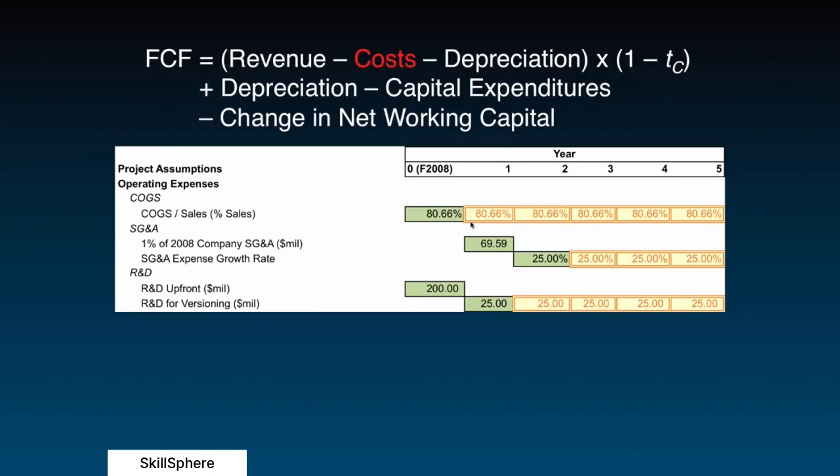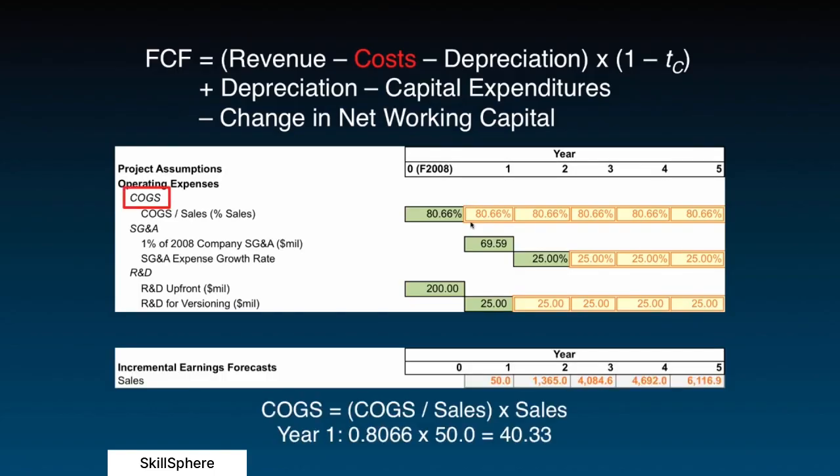Now let's move on to costs. We'll start with COGS, cost of goods sold. You can see that our forecast drivers here are expressed as a percentage, and in particular a percentage of sales. So I'm going to repeat the sales forecast from the last slide here because we're going to need them to get at COGS forecasts. If we look at year one, we can see that 80.66% of the sales are assumed to be cost of goods sold.